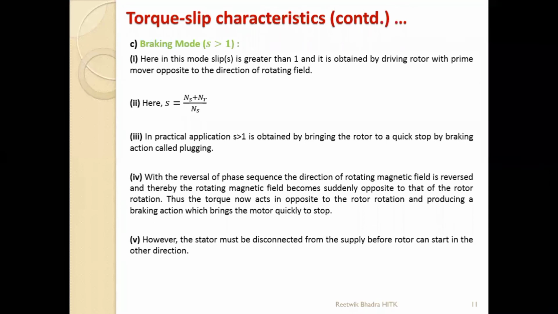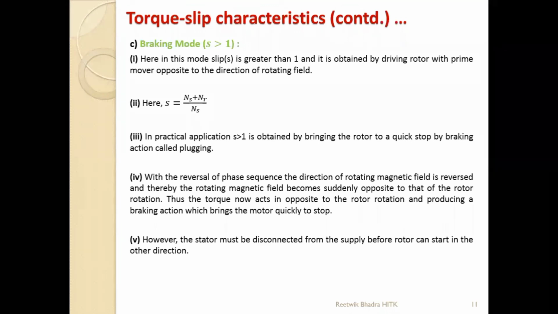But when the motor speed slows down, you have to disconnect your stator. If you don't, a magnetic field will always be created, and that will be sufficient for the rotor to rotate, maybe even in the opposite direction.